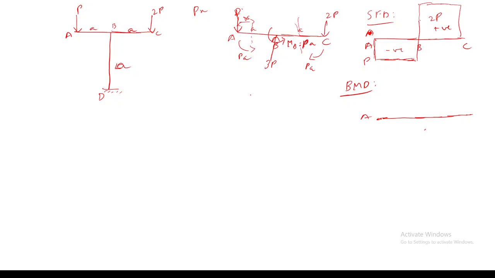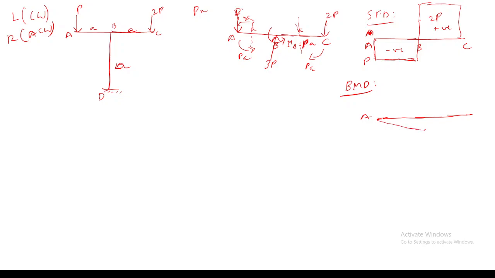Instead of hogging, I have said another sign convention: left-hand side clockwise, right-hand side anti-clockwise positive. Left clockwise, right anti-clockwise. So here you could see in the left-hand side it is in the anti-clockwise direction, right? Anti-clockwise, yes. So it will be a negative value.